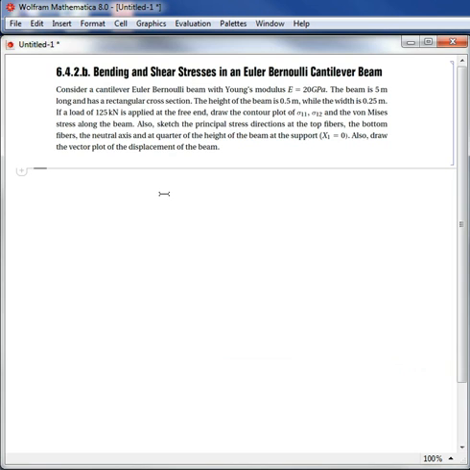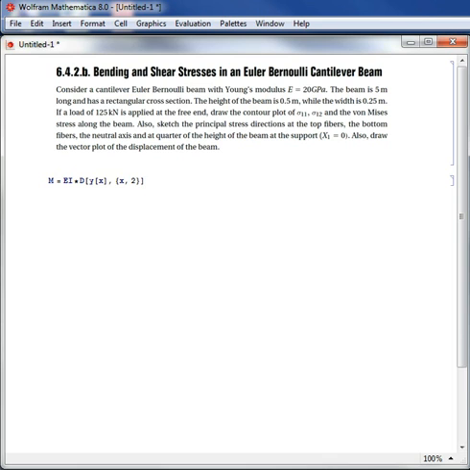And first I would like to define my moment. My moment function is equal to EI multiplied by the second derivative of y with respect to x. I will put with respect to x twice.